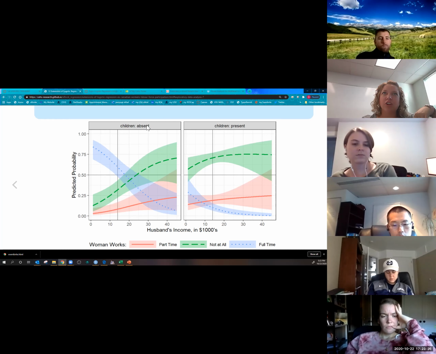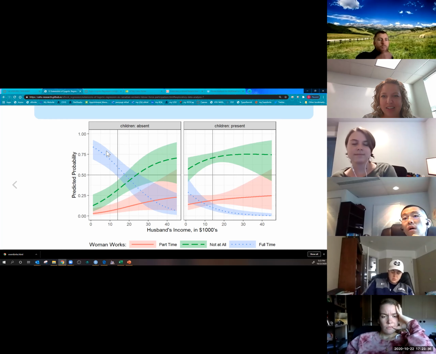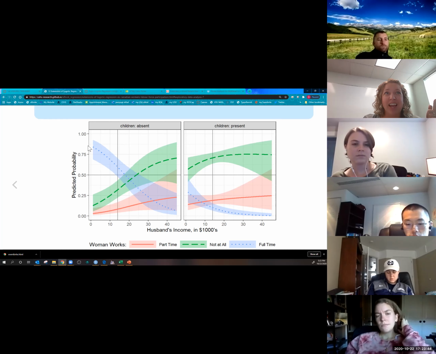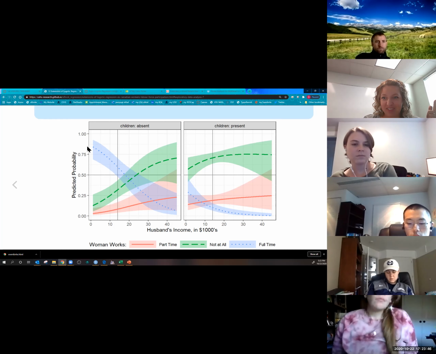This is when children are absent and husband's making less than the average. Which one of these colored lines is the highest? The blue. So when there are no kids and husband's not making much, wife's probably going to be working full time. It's like an 80% chance down here.